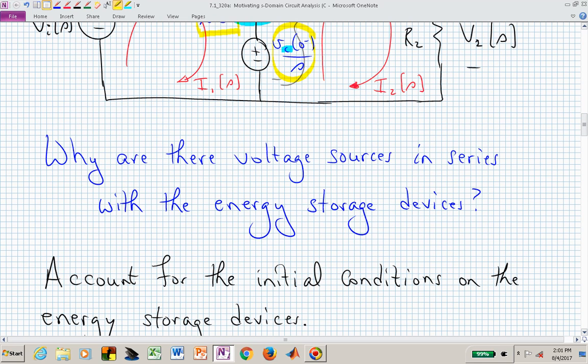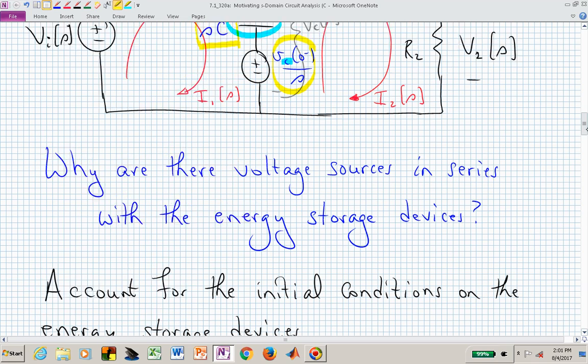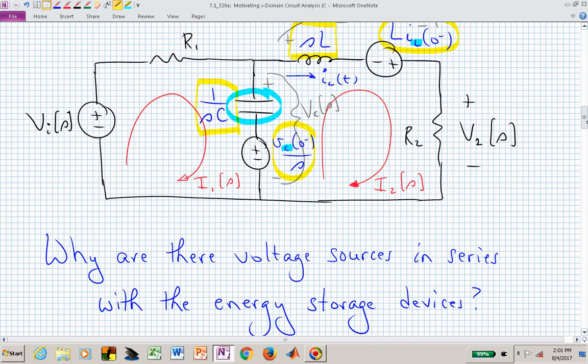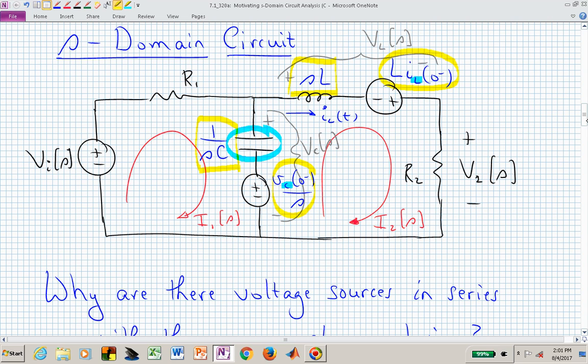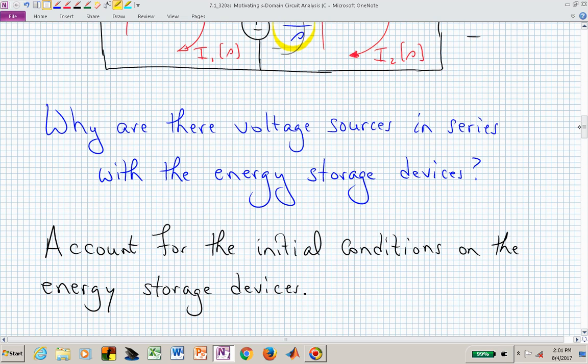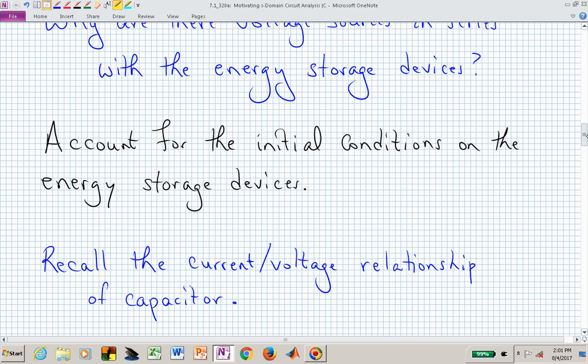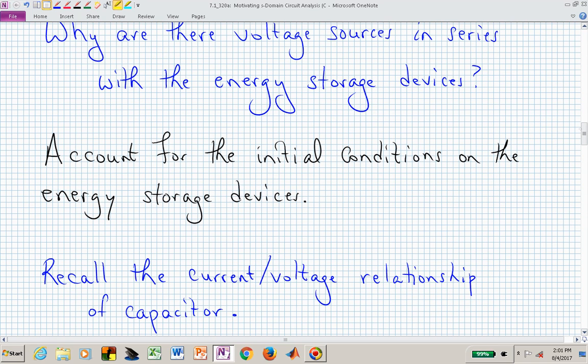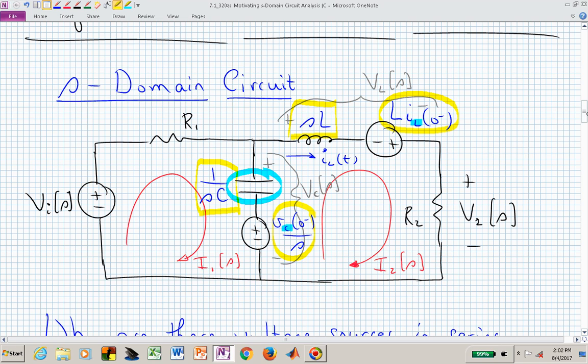And we've already discussed why those particular voltage sources, what makes them up. Let's now figure out where they actually came from. Those voltage sources are there to account for the initial conditions on the energy storage devices. What we want to know is how would we, by inspection of a circuit that somebody gives us, know how to introduce these particular voltage sources.